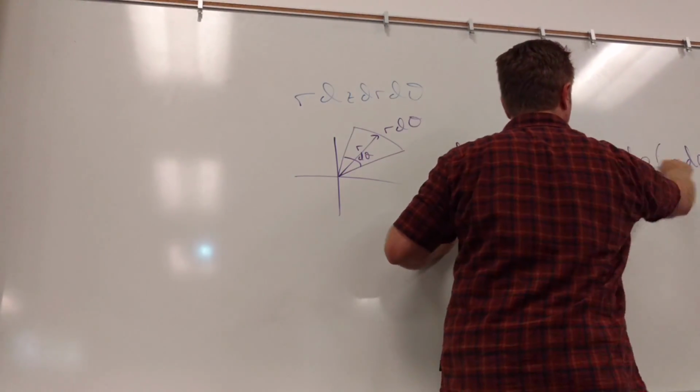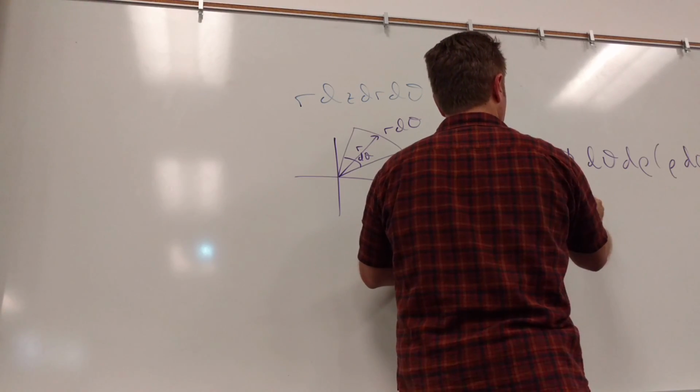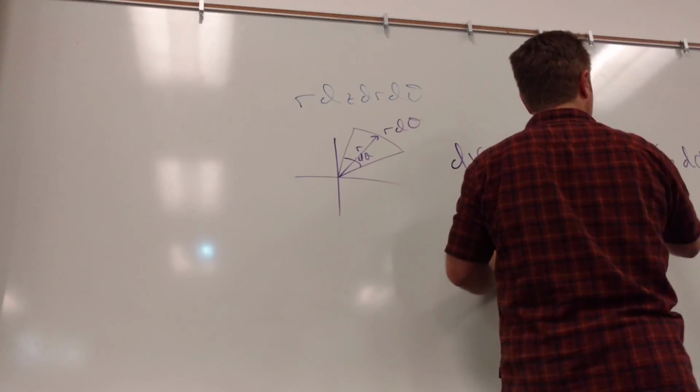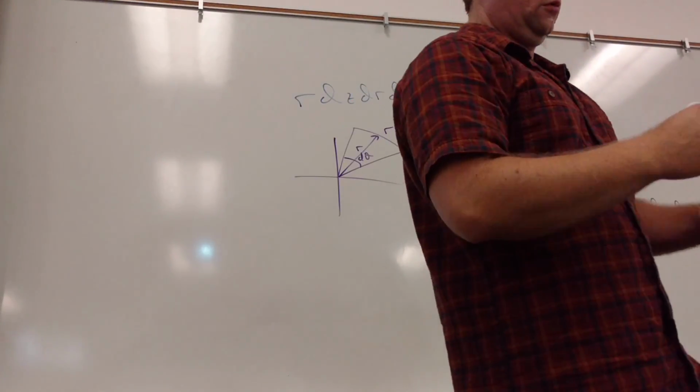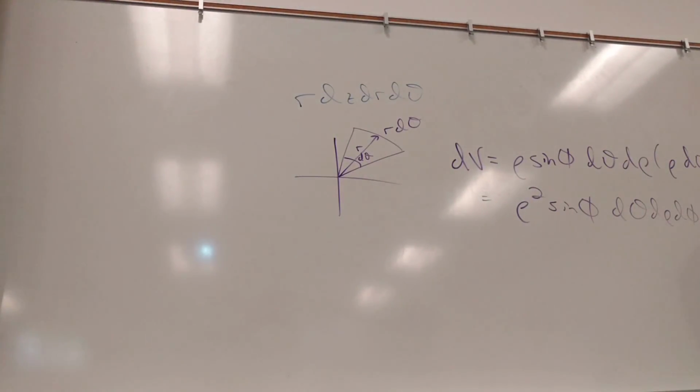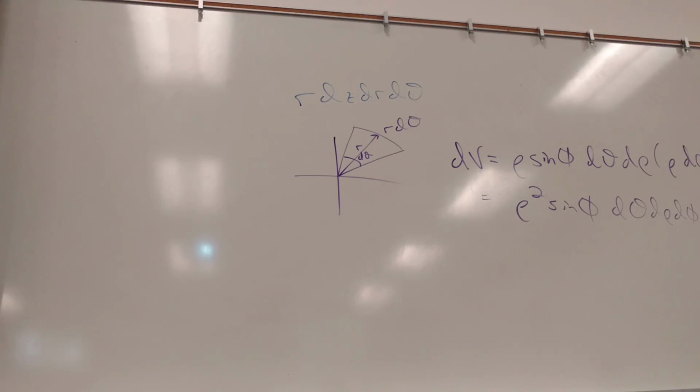This becomes rho squared sine phi. I can't remember which order they like to put it in. d rho, d theta, d phi. Oh, I got close. They like d rho, d theta, d phi.